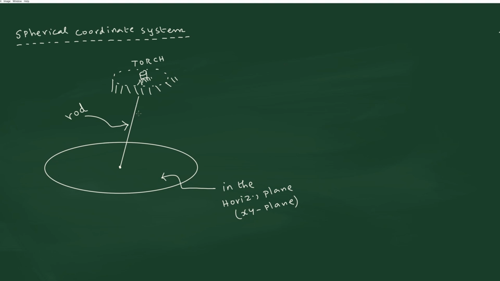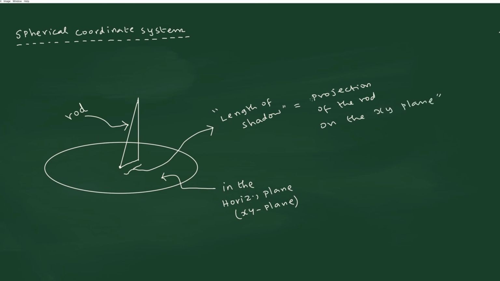This particular rod will create a shadow. It is known as the projection, or we say that it is the length of the shadow. In mathematical language, this is the word that we will be using. It is the projection of the rod on the xy plane. So the orange line shown in this diagram is the length corresponding to the projection.